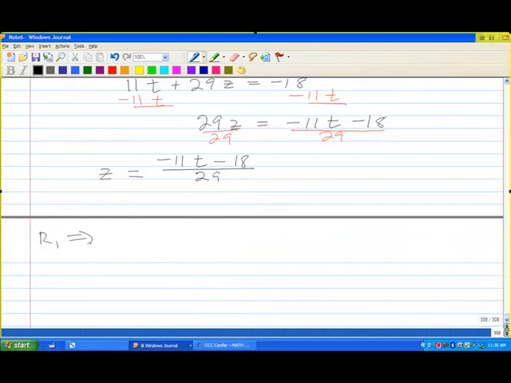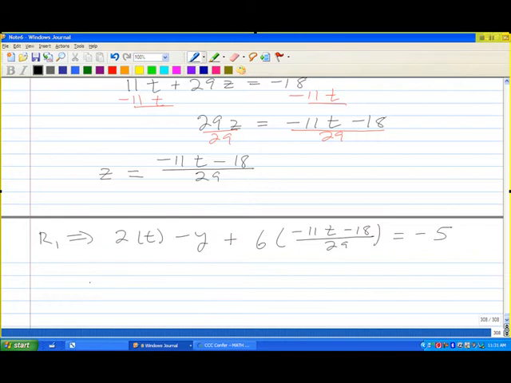Okay, so let's do that. I have 2x minus y plus 6z equals negative 5. Let's simplify that.